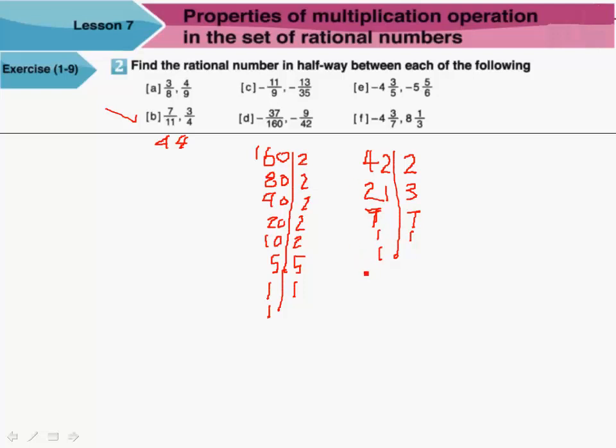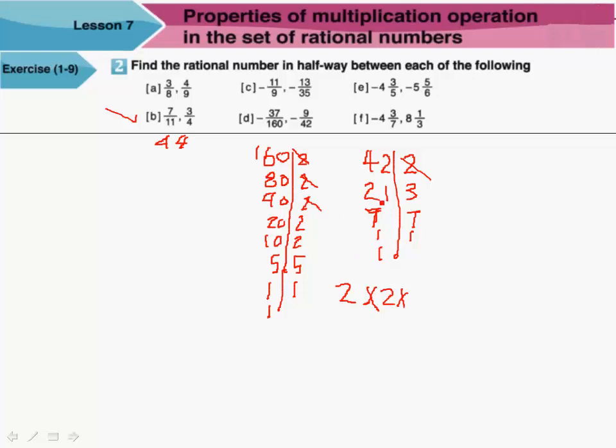So for the common denominator, we have 2 here and 2 here, take one of them. There are more 2s here that are not there, so take them too.